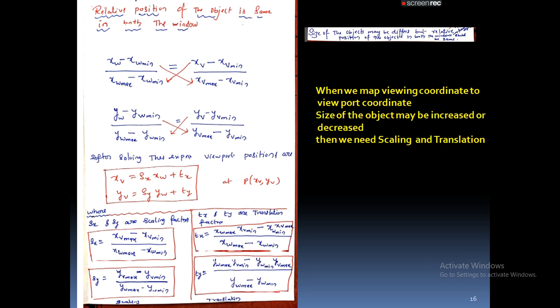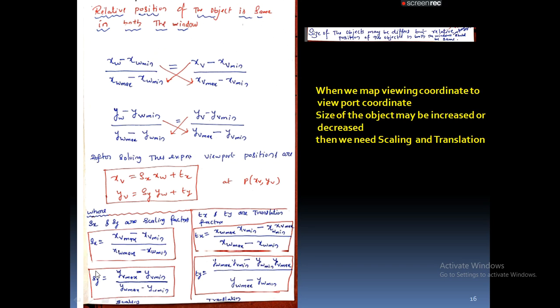When the viewport is larger than the clipping window, the object size has to be increased. To increase or decrease the object size when displaying it in a viewport, we need scaling transformations, so we need scaling factors sx and sy.